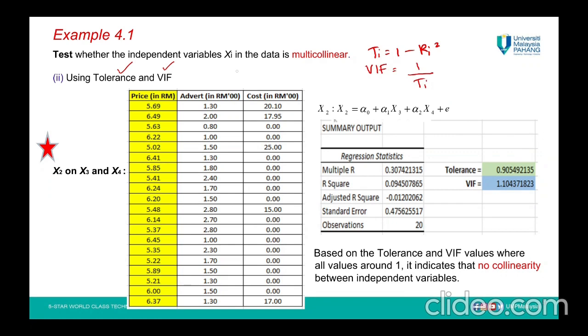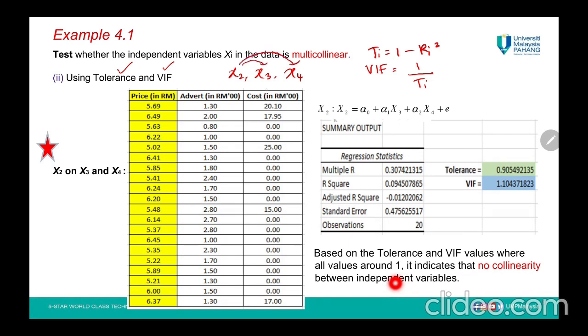Since there are 3 x here, x2, x3 and x4, we need to check the collinearity between x2 on x3 and x4.